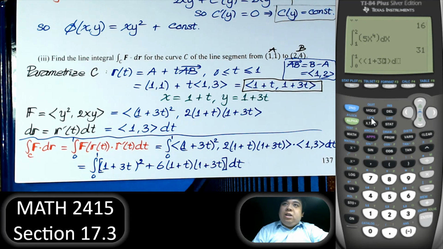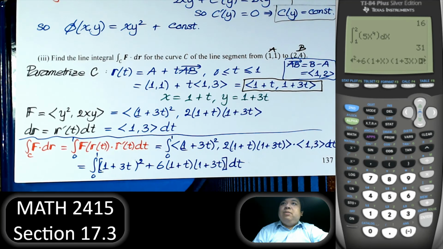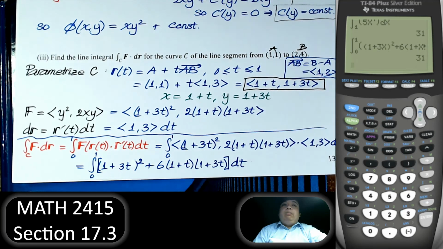One plus 3t squared plus 6 times 1 plus t times 1 plus 3t. Right, good.